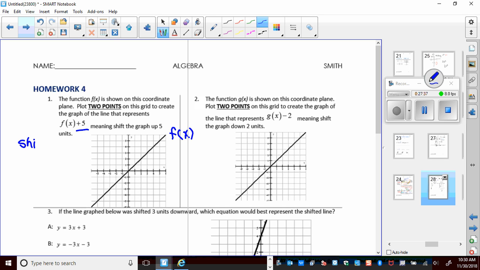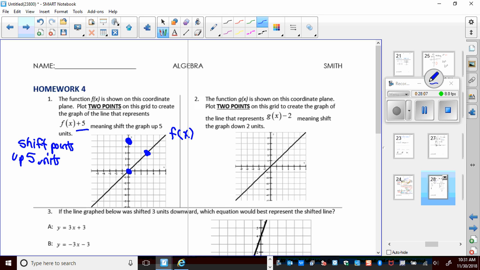Shift points up 5 units. When they say f of x plus 5, they're implying this line moves up 5 units. So I picked 2 good points. I always like 0, 0 if it's there. Right? So shifting up 5, I go up 1, 2, 3, 4, 5.